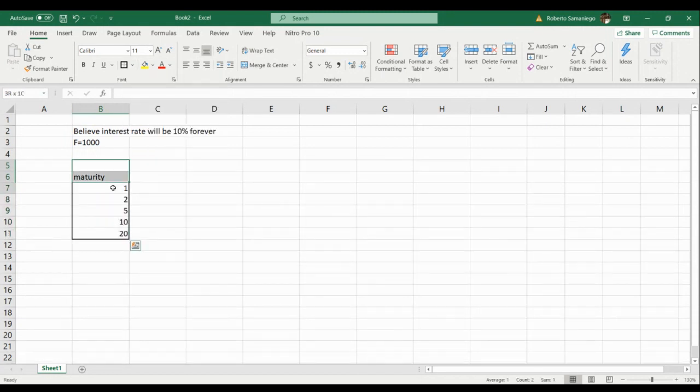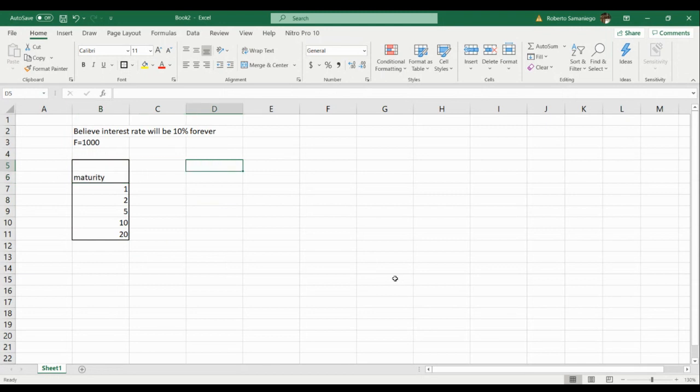And the first question we're going to want to know the answer to is, how much would each of these be worth based on everyone's belief that interest rates are going to be 10% forever?